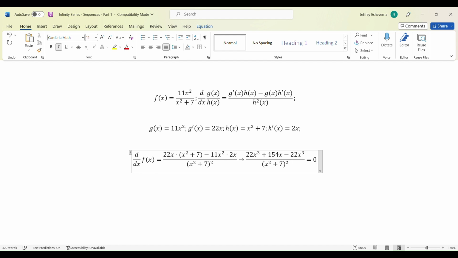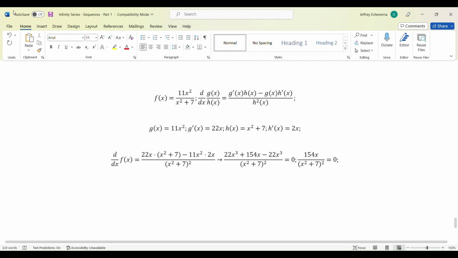We just get 154x as the numerator, and x squared plus 7 squared in the denominator.